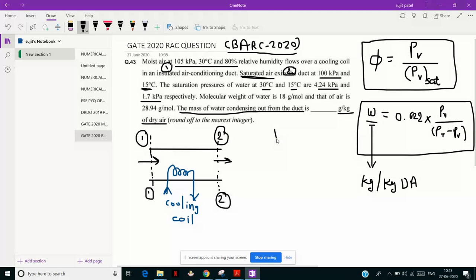So the temperature is decreasing, and it also asks for the mass of condensed water, so humidity is also decreasing. So this is a question of cooling and dehumidification. If you put this condition on the psychrometric chart, you will find this question is cooling and dehumidification.